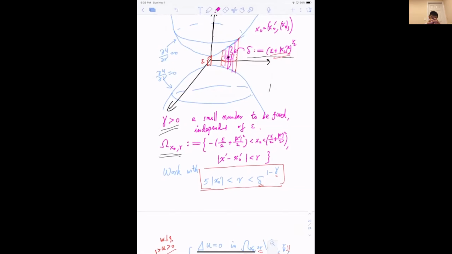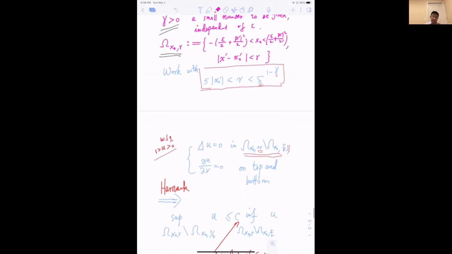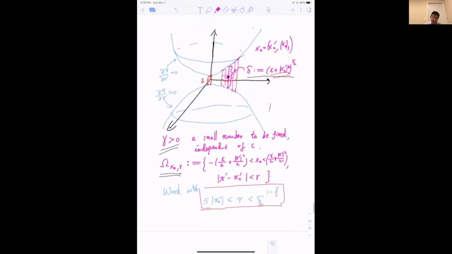On the top, where they intersect, you have Neumann conditions. You have a shell region, and R is allowed to vary in this range.